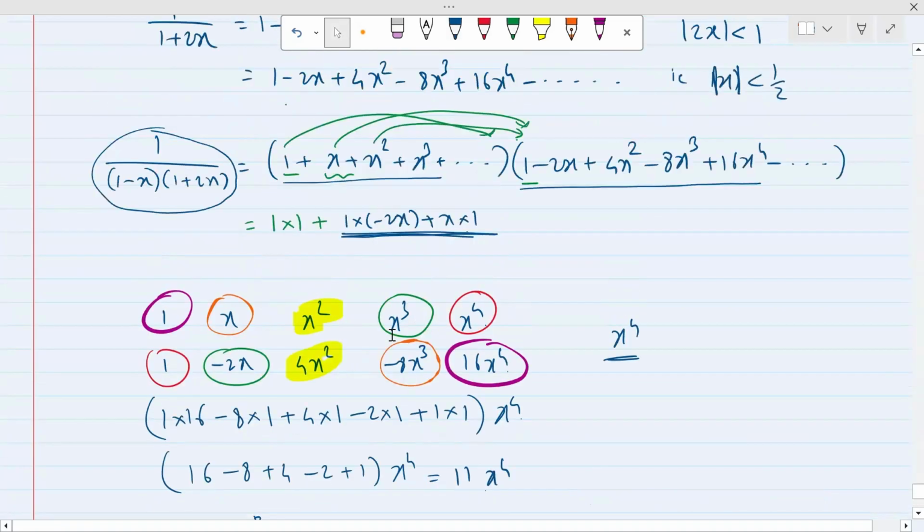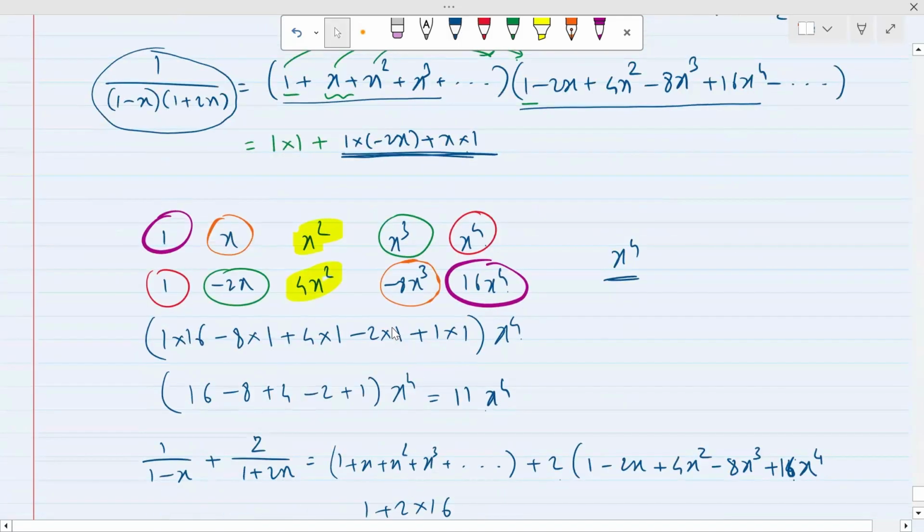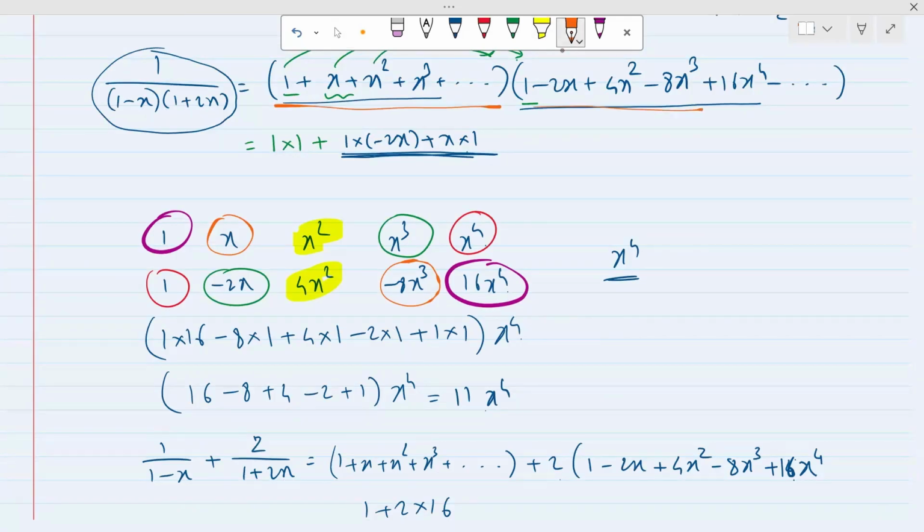The idea behind explaining this problem is that though it looks like both the brackets are infinite sums, they are series, and you want to multiply these two series. At first glance it seems impossible to multiply them, but if you think term by term, you can carry out the multiplication. You just have to think what the constant term is, then the degree 1 term, then the degree 2 term.